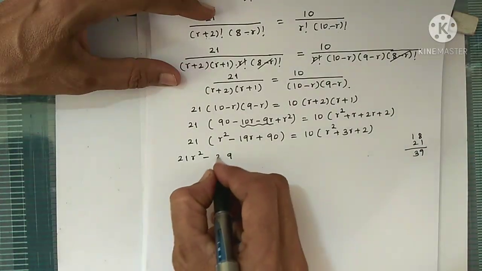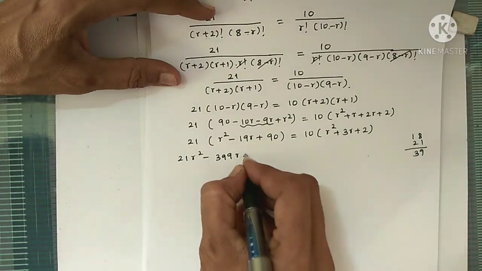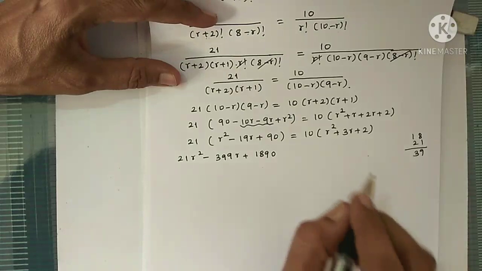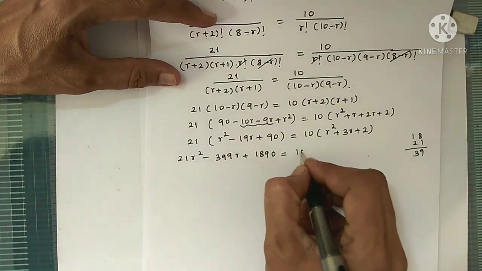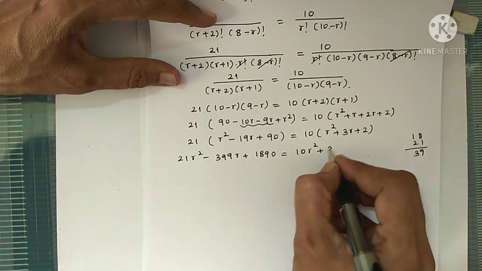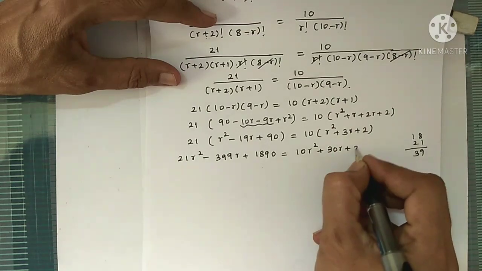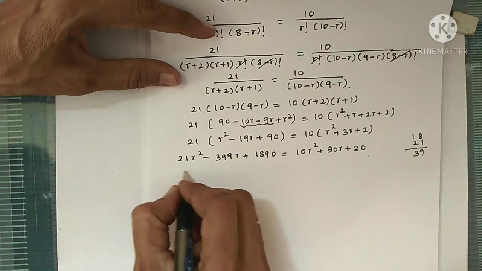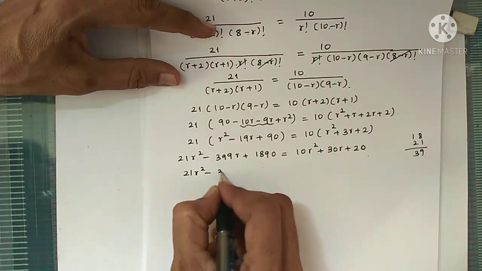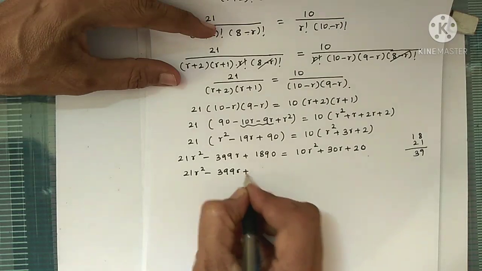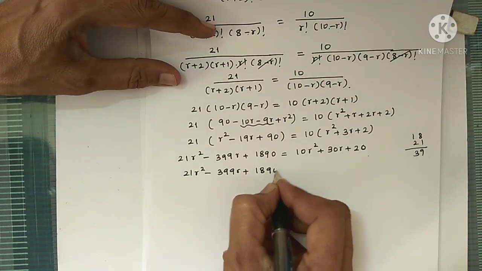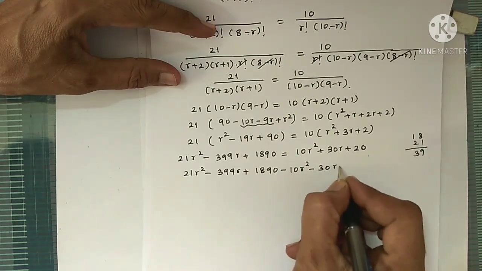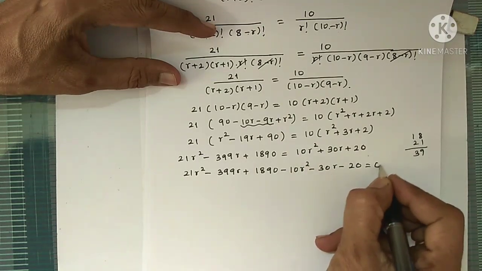That is 399r plus 1890 equal to 10r square plus 30r plus 20, sorry, 21r square minus 399r plus 1890 minus 10r square minus 30r minus 20 equal to 0.